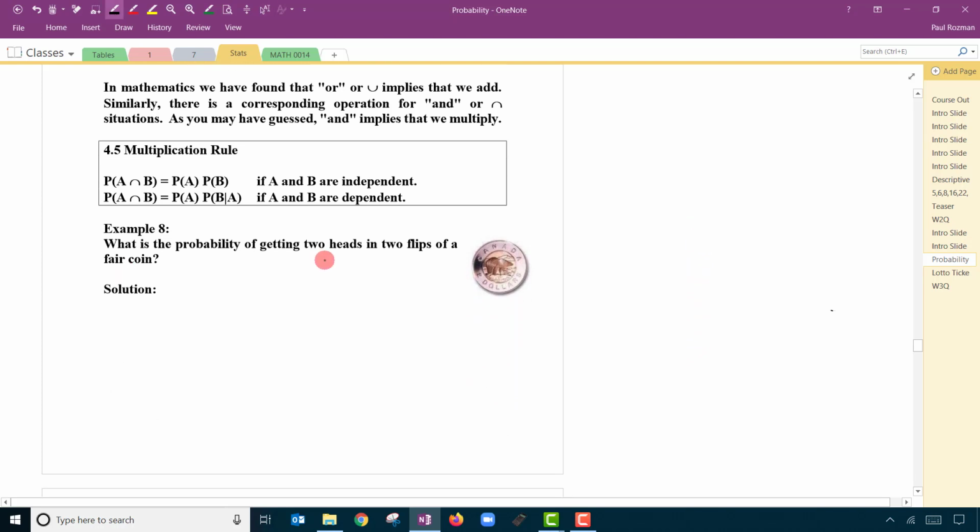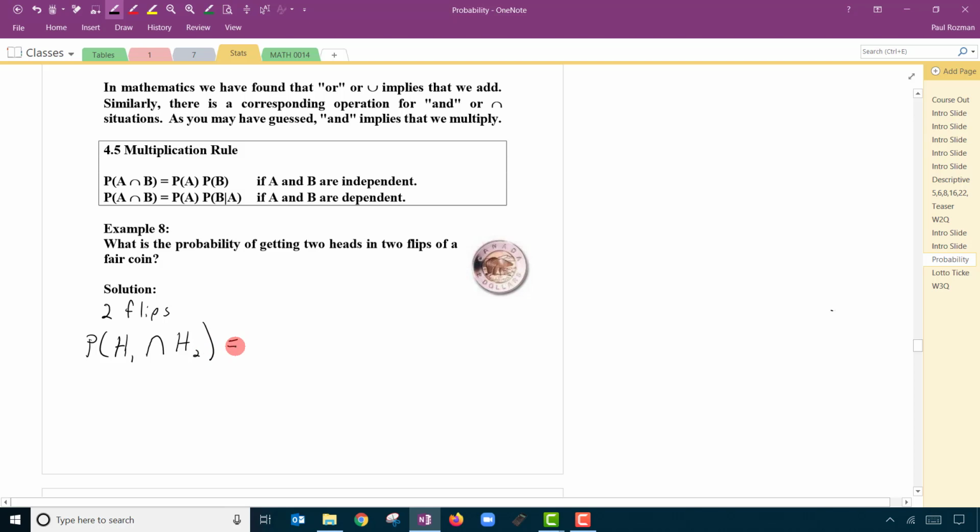Let's talk about coin flipping. What's the probability of getting 2 heads in 2 flips? So we are repeating the experiment. We're doing it twice. We want the probability of 2 heads. So we need a head on our first flip of the coin and then a head on the second flip.